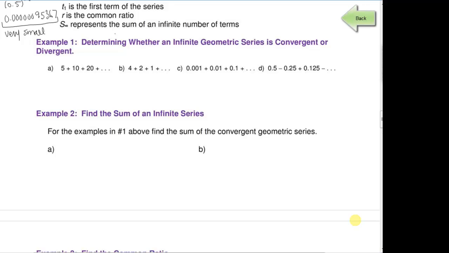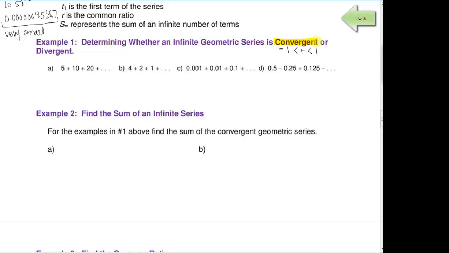All right, so example 1. Determine whether an infinite geometric series is convergent or divergent. Just remember that a convergent geometric series means that you can calculate a sum for it, and the value for r is between negative 1 and 1.